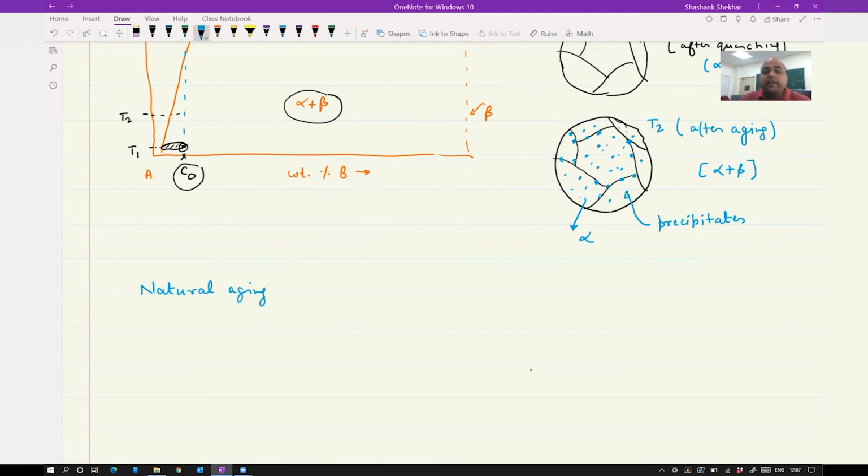Naturally your material, your aluminum alloy, is going to age, so we call it natural aging. You are not going to put your sample in the furnace, you are not going to apply external heat to it. So that is called natural aging. That means no external heat. The formation of precipitates is going to happen naturally.